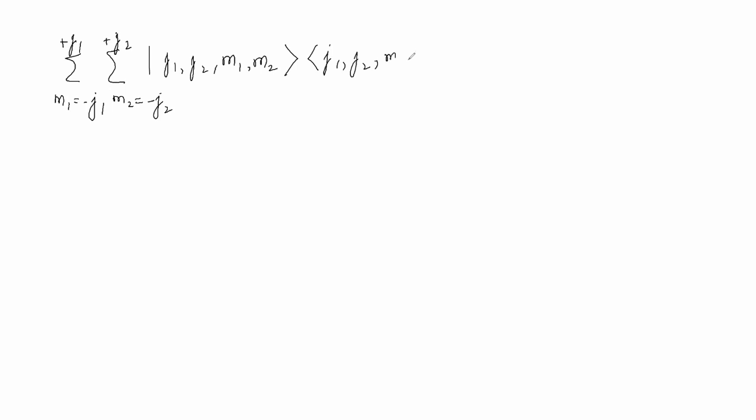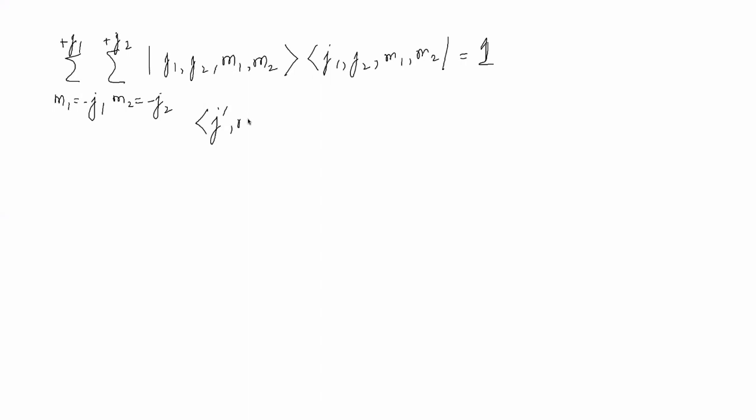Therefore, when we talk about the normalization and orthogonality property, let me write it again: the sum over M1 going from minus J1 to plus J1, M2 going from minus J2 to plus J2, of <J1, J2, M1, M2|J1, J2, M1, M2>, this must be equal to 1. This is an important point.